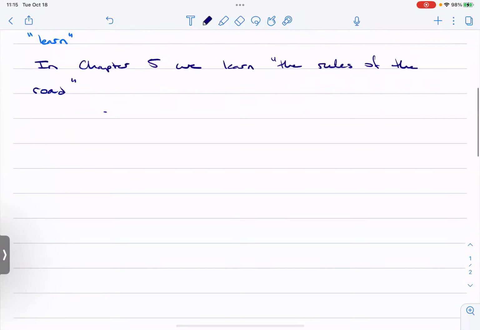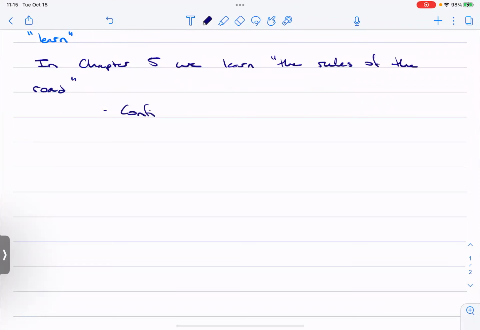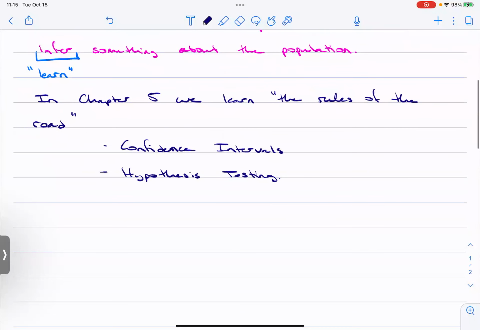So we're going to be talking about things called confidence intervals and hypothesis testing. And it's totally fine. Those things don't mean anything right now. But like I said, I just want you to know where we're heading. So we're going to learn the rules for confidence intervals, learn the rules for hypothesis testing, and then it's kind of like The Sound of Music.